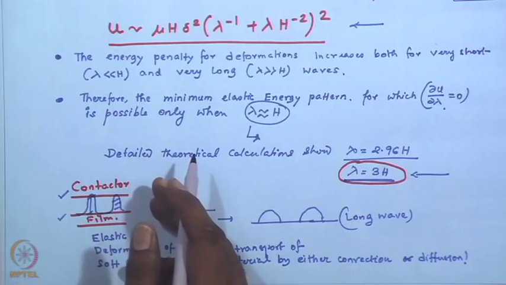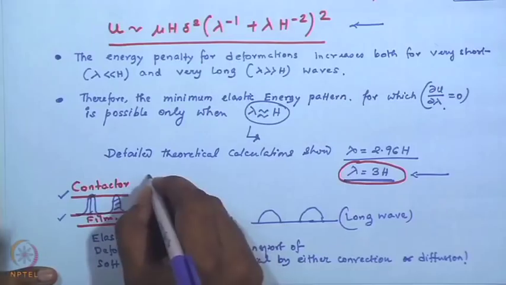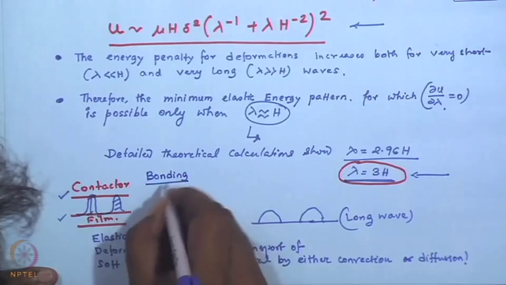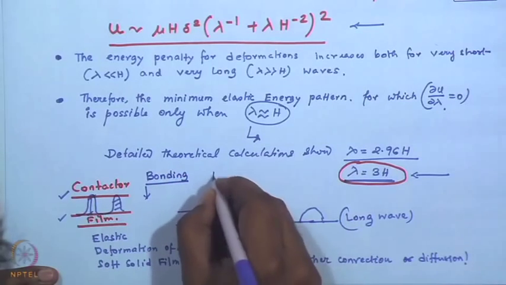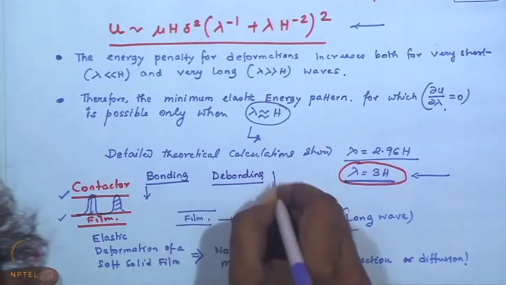The movie you saw was for the case of bonding, where the contactor was progressively approaching the film, but you can also do a debonding experiment and you see a similar morphological evolution in the inverse order. So, first from conformal contact, if you start debonding, you will first see the holes coming in, then the labyrinths, then the columns, and then finally it detaches.